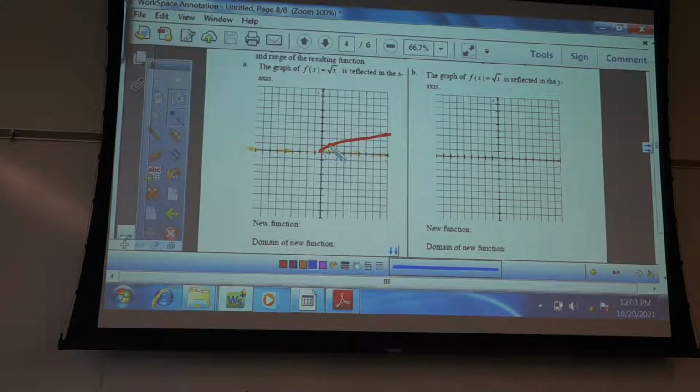So on this spot, this one goes, instead of up 1, it goes down 1. Here are my 4 points. Reflect them across the x-axis, and then draw a line.